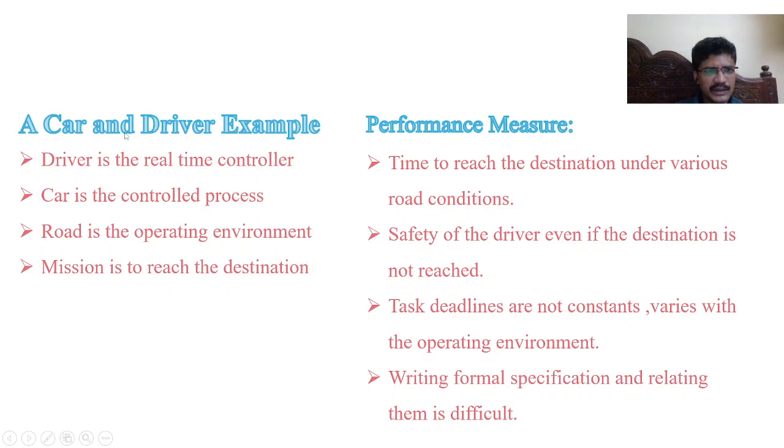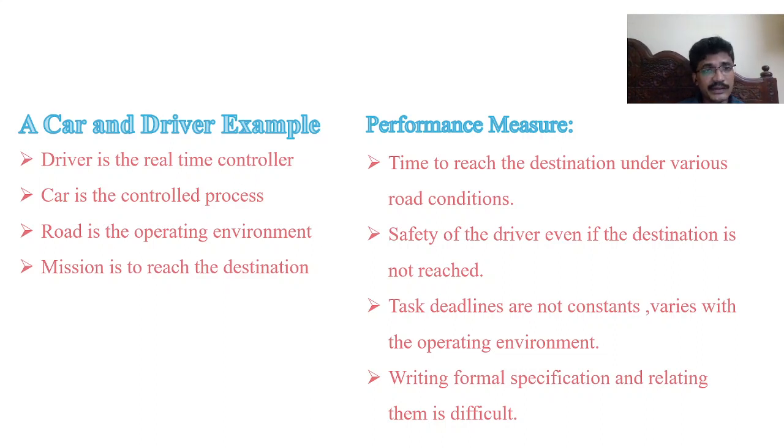So the car and driver example is one simple example to understand real-time systems, embedded real-time systems. It all depends upon the situation in which the driver is using the car. If it's a snowy situation, and he drives the car at 15 miles per hour and reaches the destination safely, that's one simple instance.